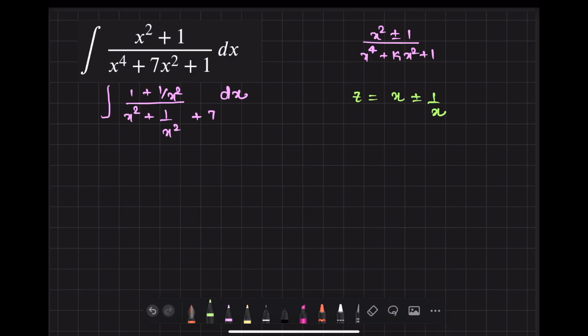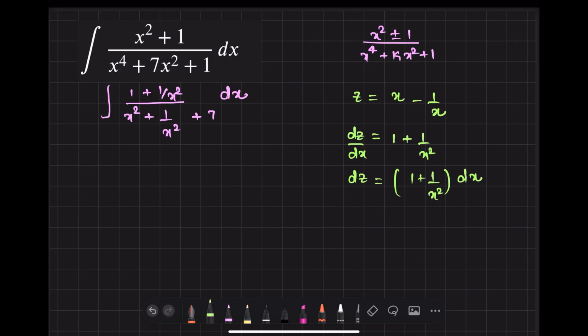In this case, we have to take minus, because only then will you differentiate and get dz by dx equals 1 plus 1 by x square. Look at this. Now you have created the denominator thing. So dz is equal to 1 plus 1 by x square dx, correct?